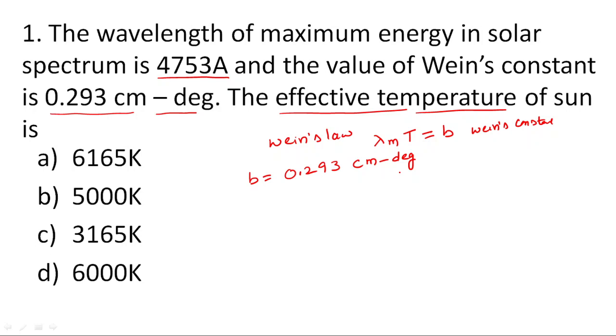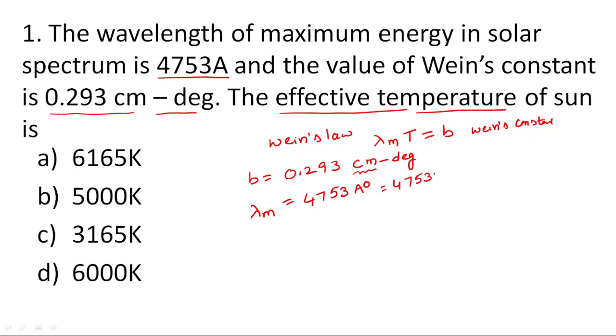So next, we are given the wavelength of maximum intensity, that is lambda m is equal to 4753 angstrom units. It can be written either in centimeters or in meters, but the b value is given in centimeters, so we have to write this in centimeters.